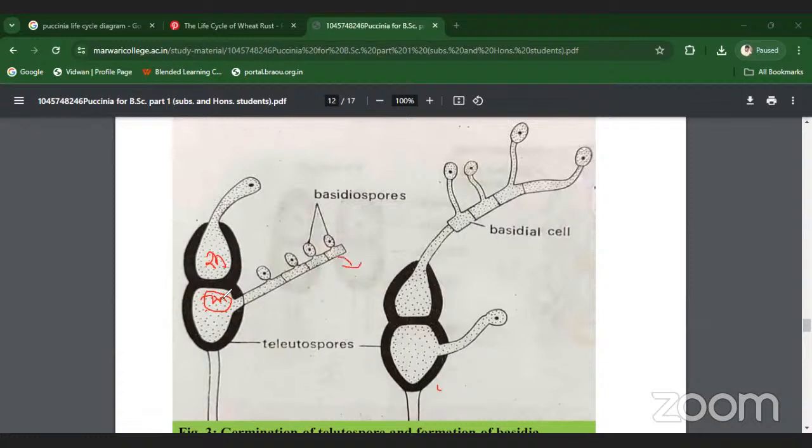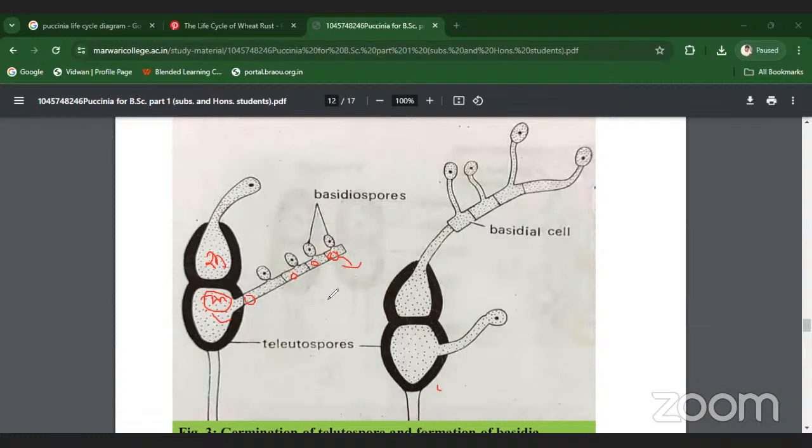Next, meiosis takes place in the diploid nucleus. After meiosis, haploid nuclei form, and these haploid nuclei enter into the germ tube. As a result, the promycelium is formed. After meiosis, the nuclei enter the germ tube and form septa.